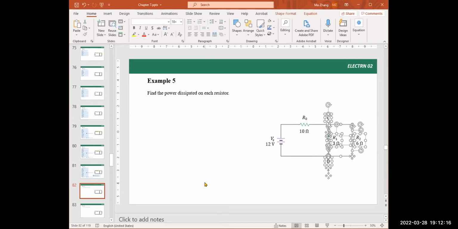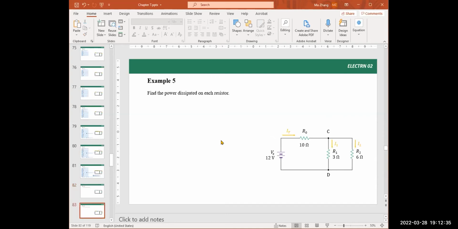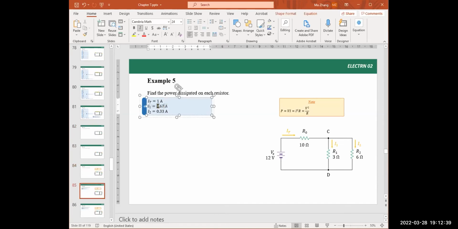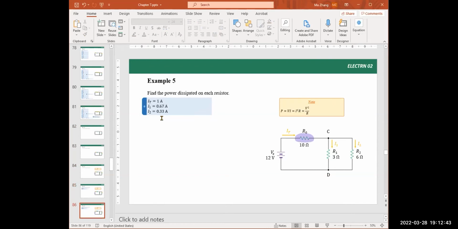Now we are moving to a question for finding the power dissipated on all these resistors. Find the power dissipated on each resistor. So first, let's write down the numbers. These are the numbers we calculated in the previous example.